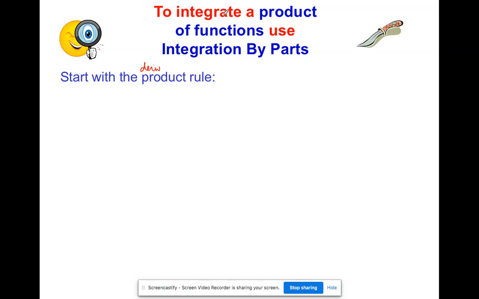Because honestly, when I want to integrate a product that I can't undo with algebra or basic trig, and I can't use U substitution, I look at those things first, right?